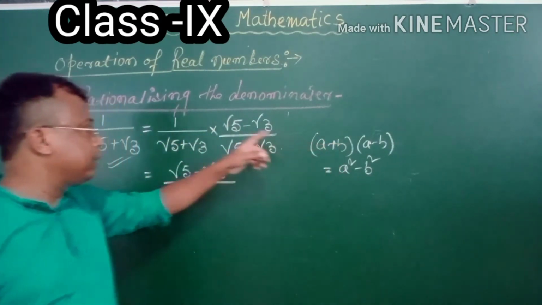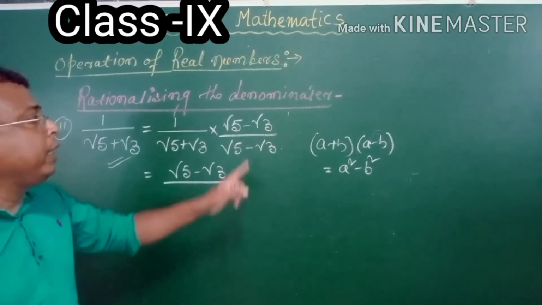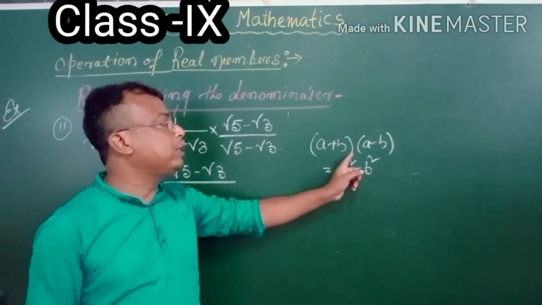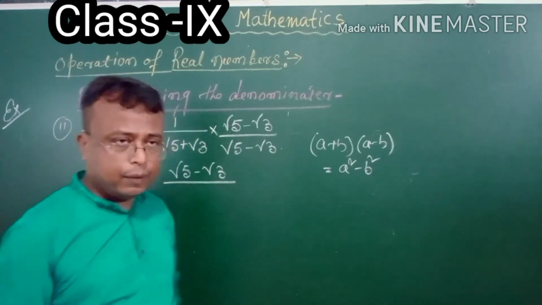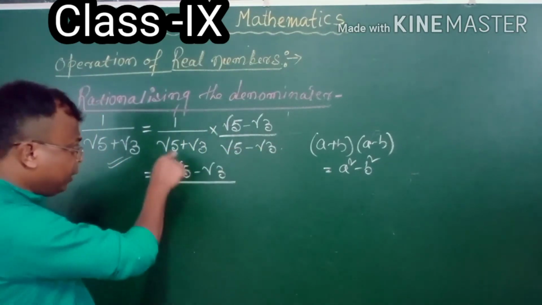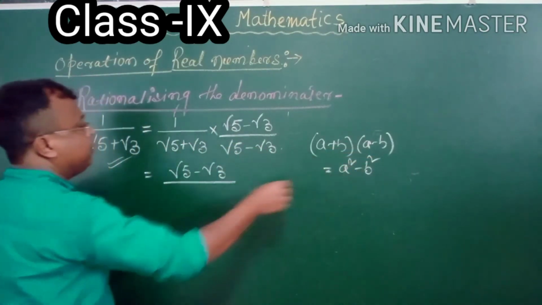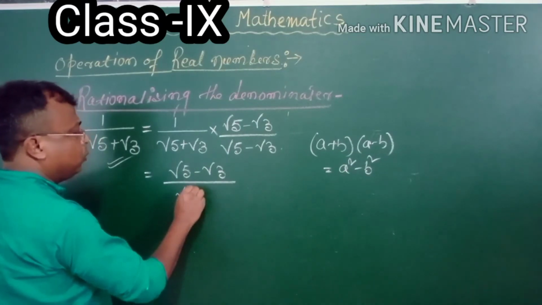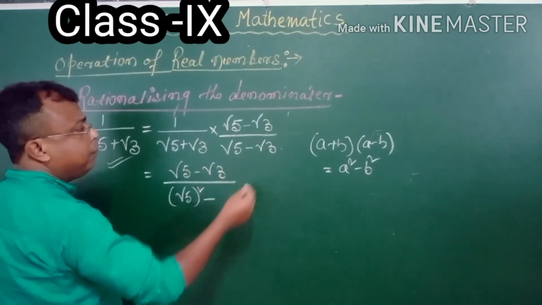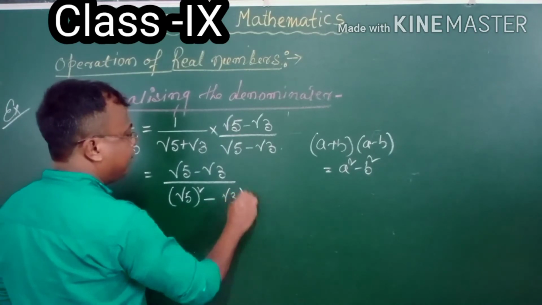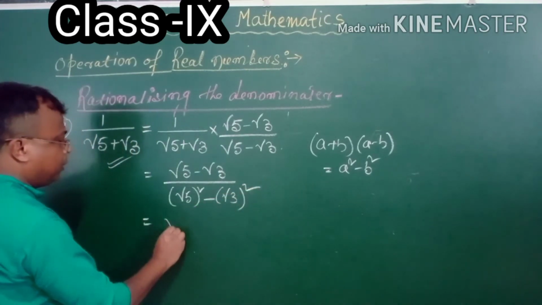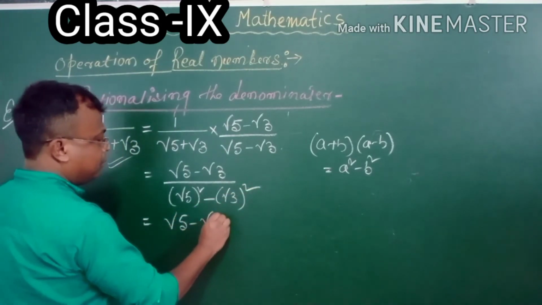In place of b, what is there? Root 3 is there. So a plus b into a minus b is equal to a square minus b square. Alright. So just in place of this one you write a square minus b square. A is root 5 square minus b. B is what? Root 3 square.